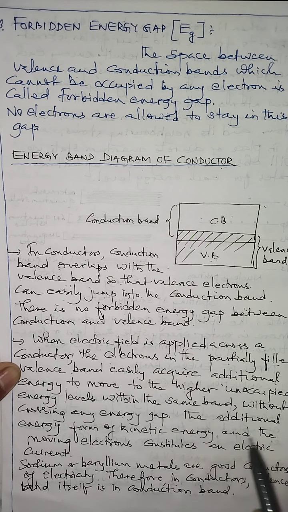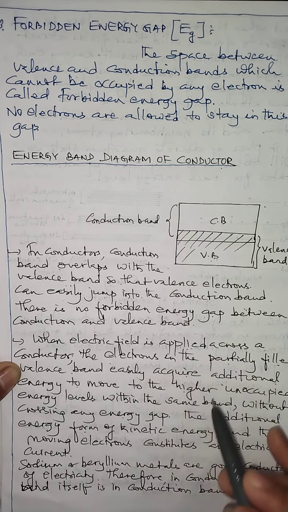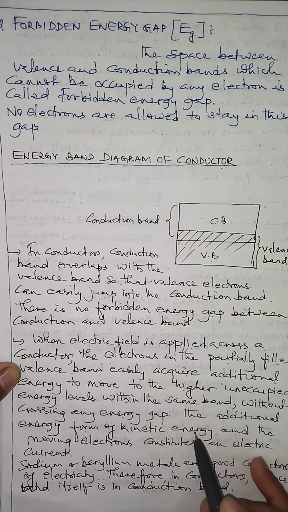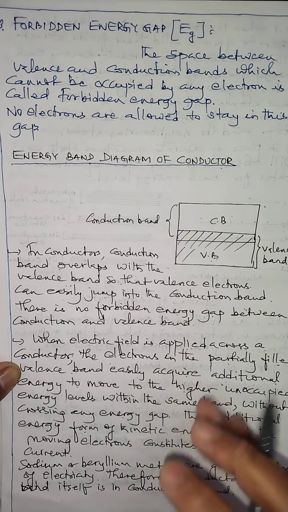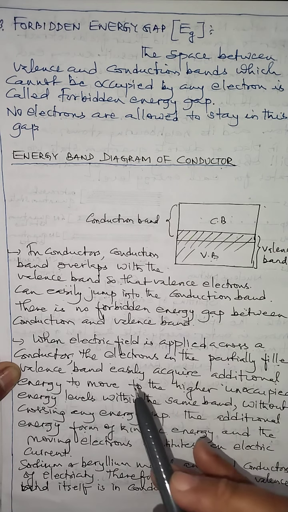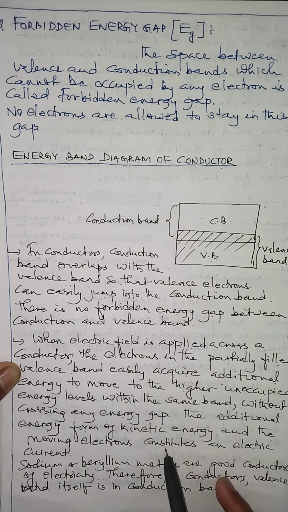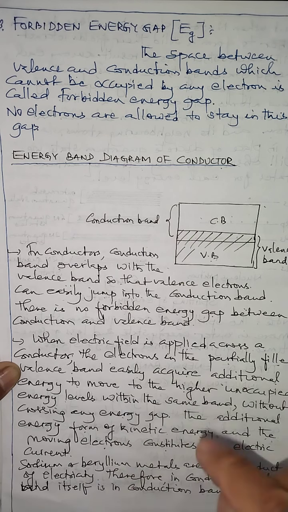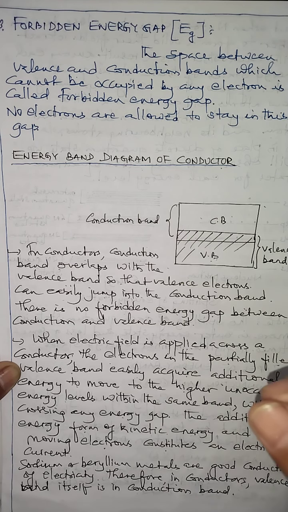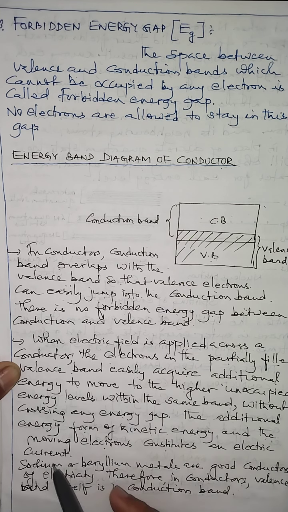This additional energy, in the form of kinetic energy of the electrons, is gained due to the electric field applied across the conductor. Under this case, the moving electrons, which already occupy the conduction band, constitute a current, and this current is called electric current.